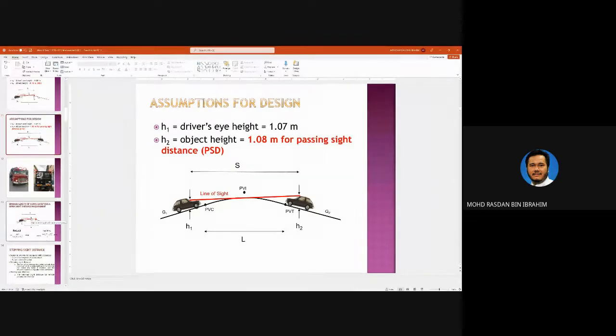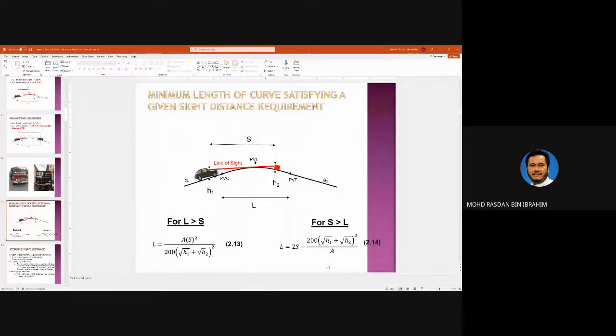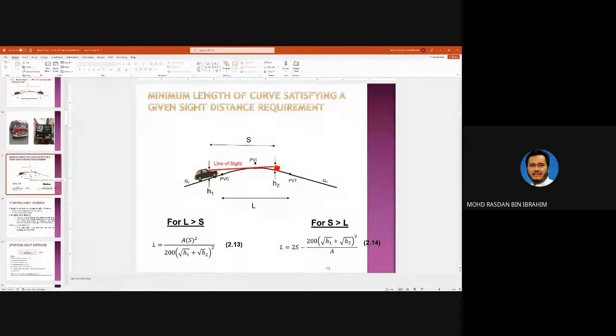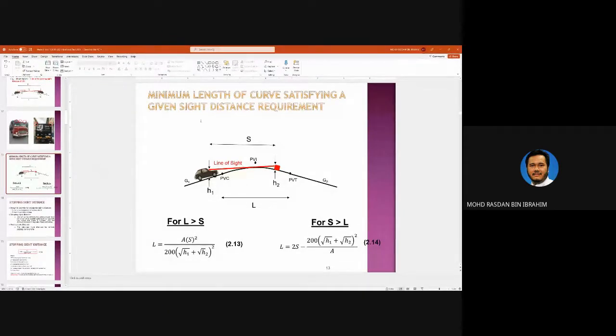So the minimum length of curve satisfying a given sight distance requirement is given by this formula. We have two formulas here. The first one assumes that L is more than S: the length of curve here is longer than the sight distance here.